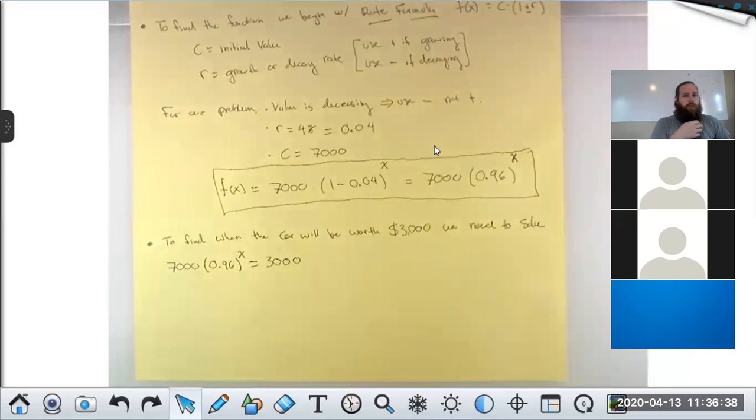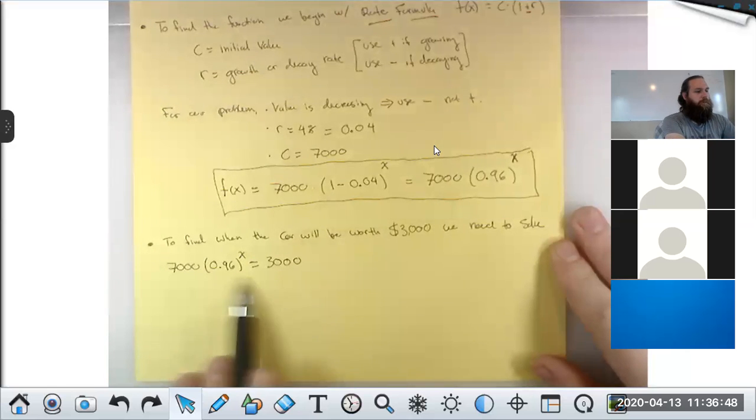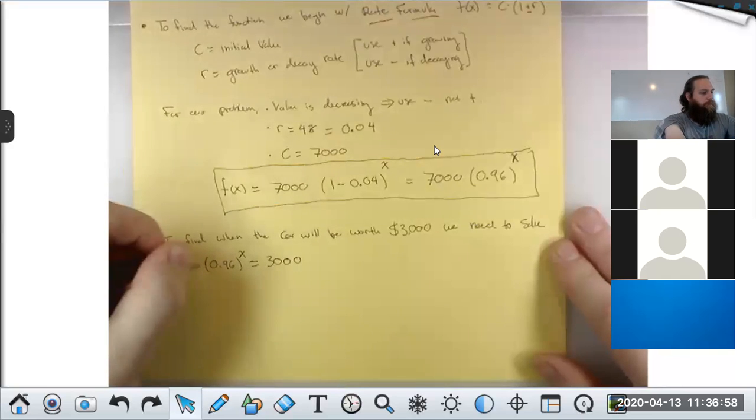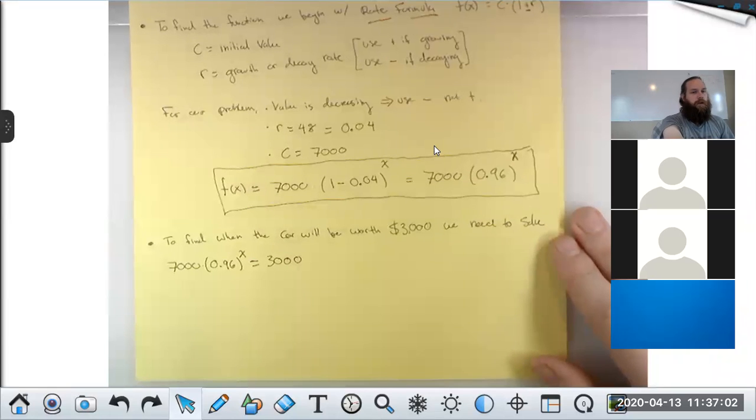We just solve them exactly using logarithms. Remember the trick to solving an exponential equation? We want to get this x alone. So first, I get the term that has the x in it, the 0.96 to the x, alone, and then I'm going to do something to get x down out of that power. But before I can get x down out of that power, I need to get the exponential term by itself.